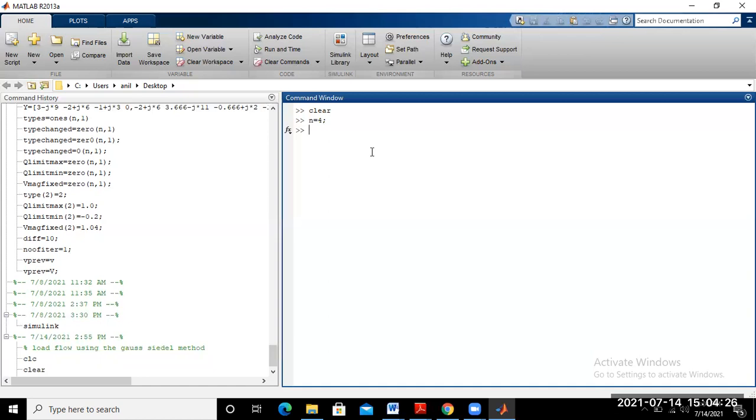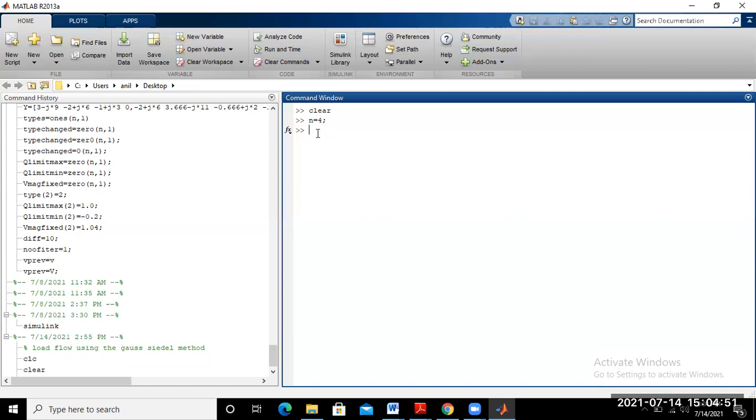Next, write here the bus voltage. Out of a 4-bus system, if one bus is considered as a slack bus, then how many are PQ buses?